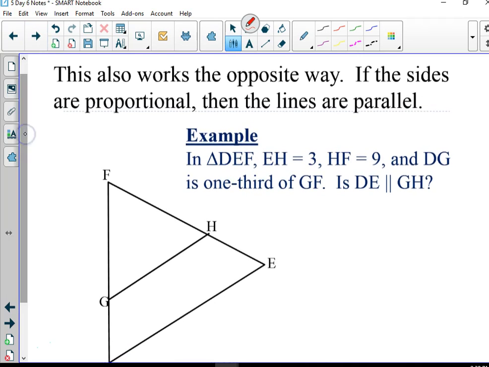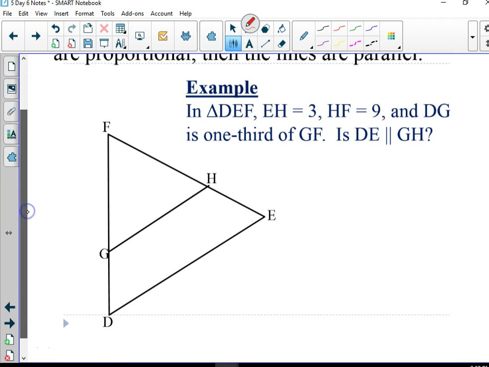This also works the opposite way. If the sides are proportional, then the lines are parallel. So it says in DEF, that is the big triangle, EH is 3, HF is 9, DG is 1/3 of GF. So whatever this is, this is 1/3 of it.